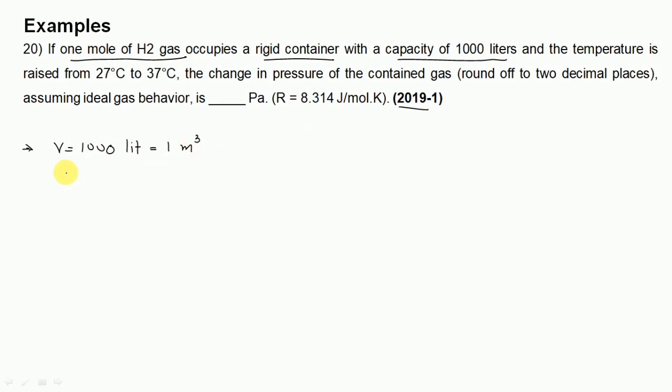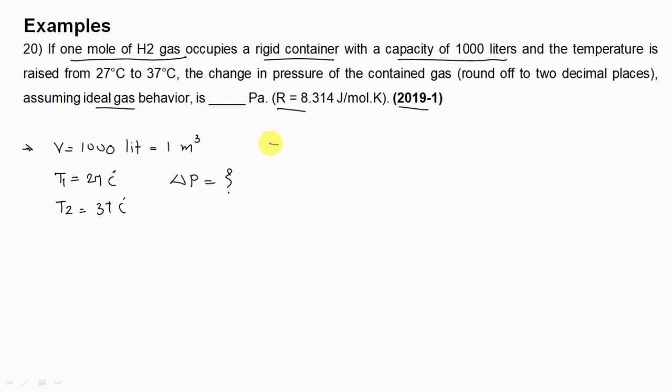Temperature T1 is 27 degrees C, T2 is given as 37 degrees C. We need to find the change in pressure of the container gas, which is also an ideal gas. The value of R is given. So we need to find delta P, that is P2 minus P1.